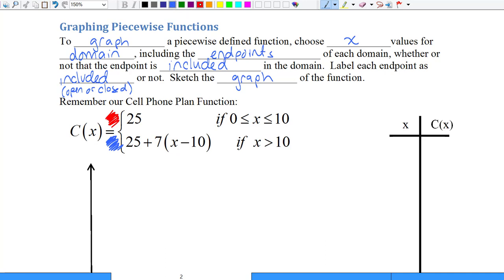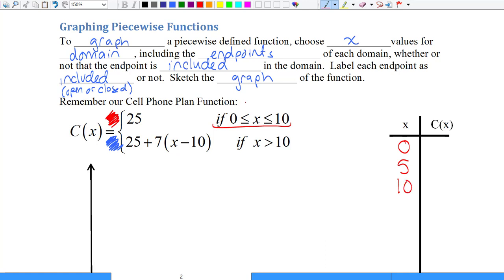Okay, so in the red function, we're looking at the domain first. So in my t-chart over here, I'm going to pick things between 0 and 10. So I have to pick 0. I'm going to have to pick something in between, so let's do 5, and then I'm going to go to 10.